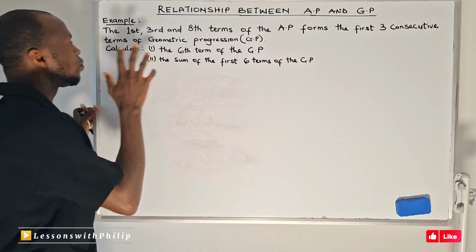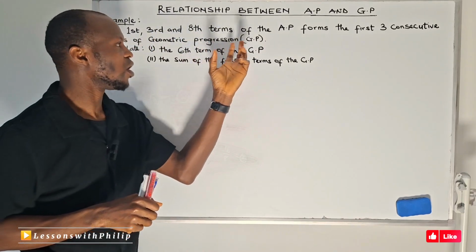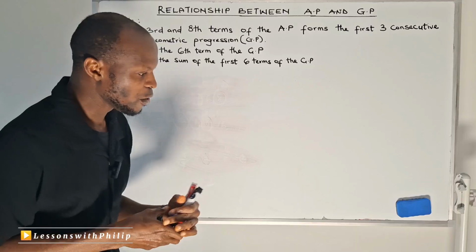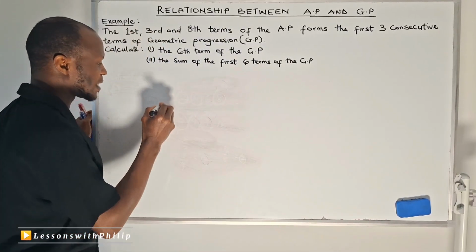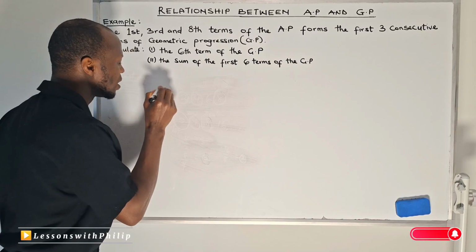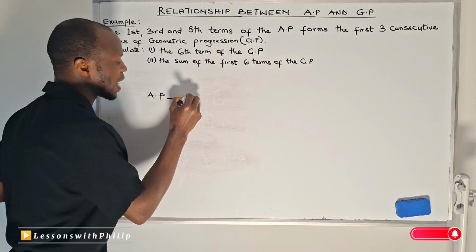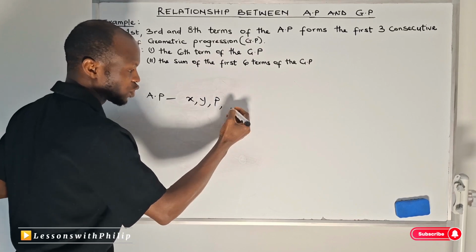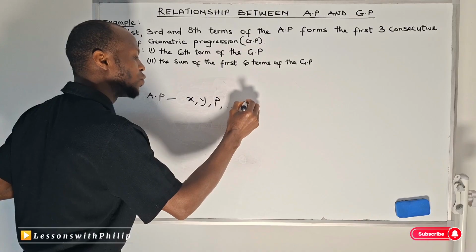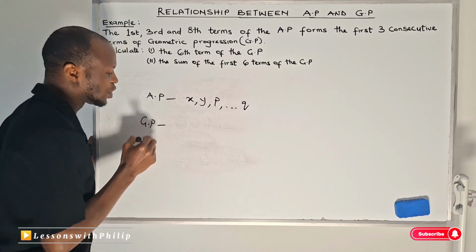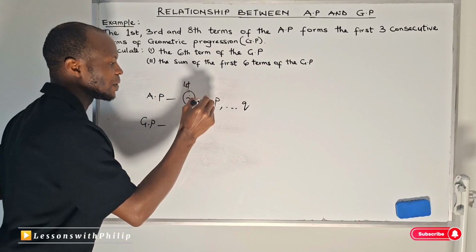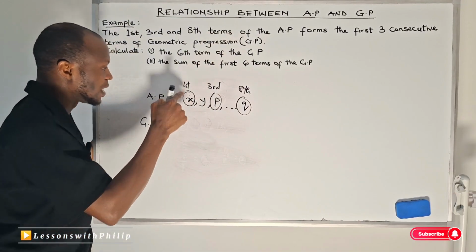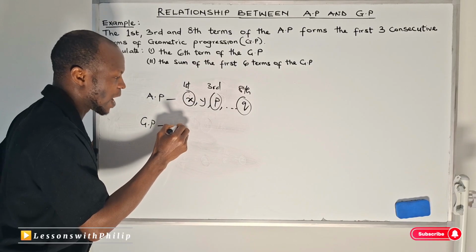Now we are told that the first, the third, and the eighth terms of an AP form the first 3 consecutive terms of a GP. Assuming the first term of the AP is X, the second term is Y, the third term is P, and so on, and the eighth term is Q. This first term of the AP forms the first term of the GP.